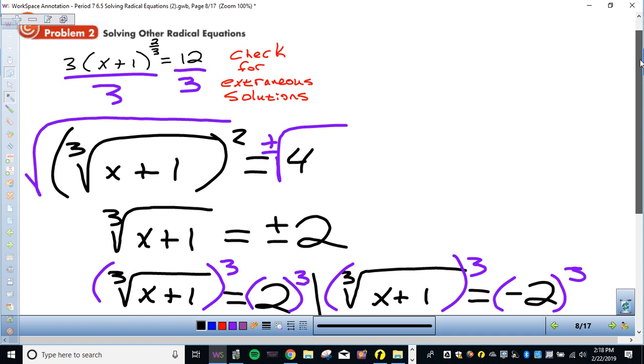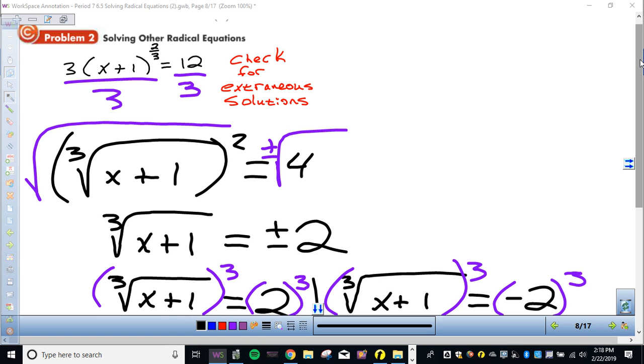So I'm going to copy. I'm actually going to do the cube root of x plus 1 equals 4 and plug it into that step. Because then I have to divide by 3 and I don't want to. Just divide by 3 already. And you're probably not going to screw up 12 divided by 3, so it's safe to plug it into that step. Just makes it easier to plug in. Because the plug-in's a pain in the neck.